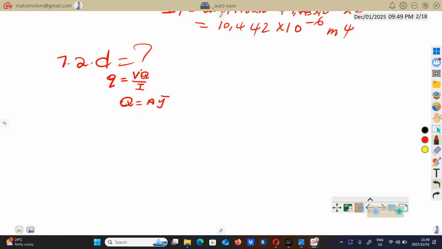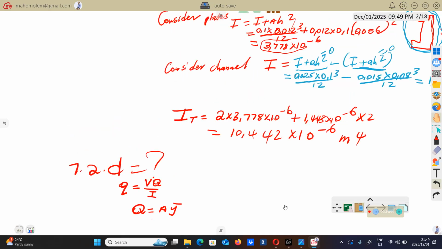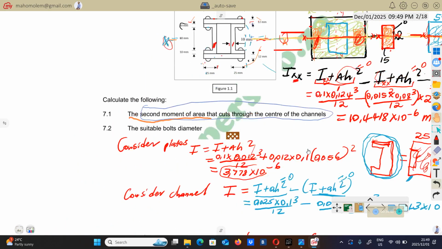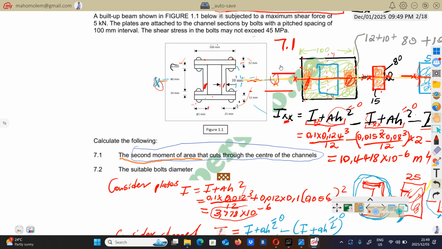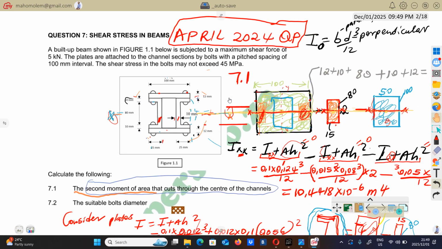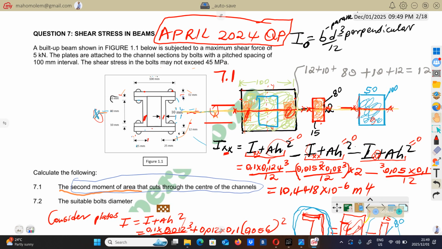Now our interest, or the part where these two joints are, is going to be here along this.